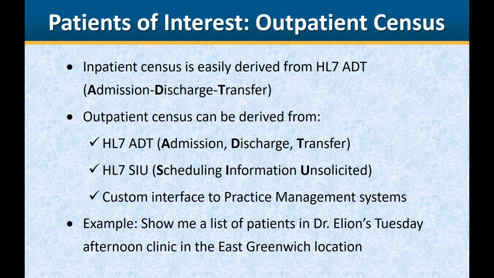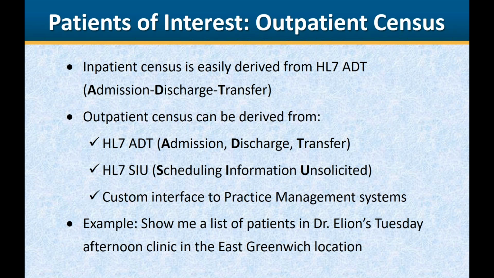For example, if I need to go for an echocardiogram, I will go to the hospital, they send me to the admissions desk, I sign in there, and then they send me down to the echo lab to get my echocardiogram done, and then I go home. Well, that generated an HL7 ADT message, but I never got seen in a clinic. I was just there to have a test done. So ADT is not all that helpful.